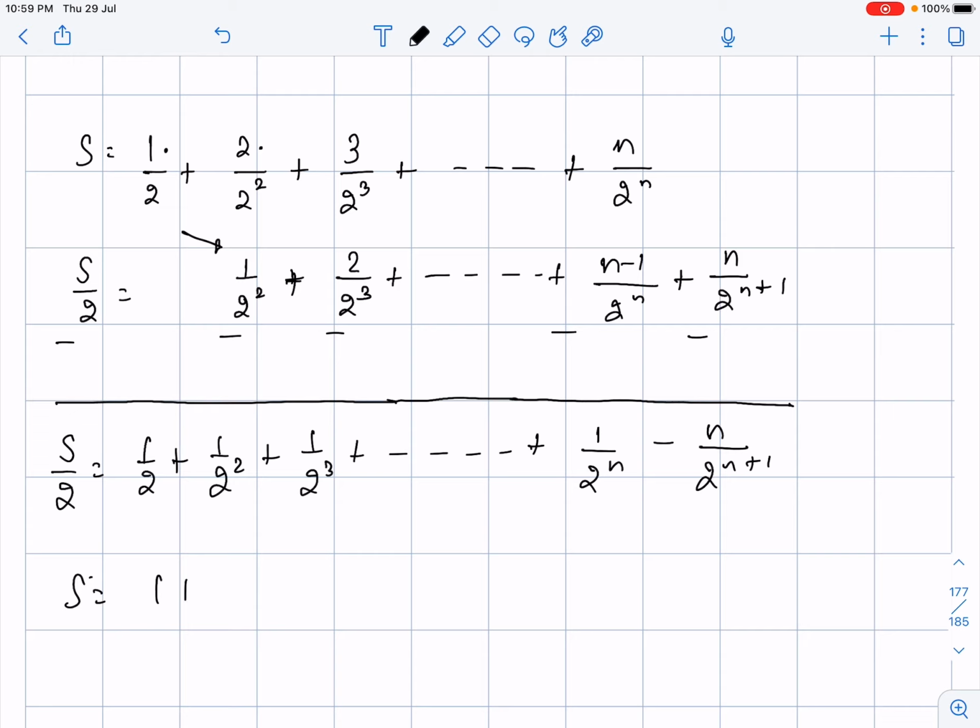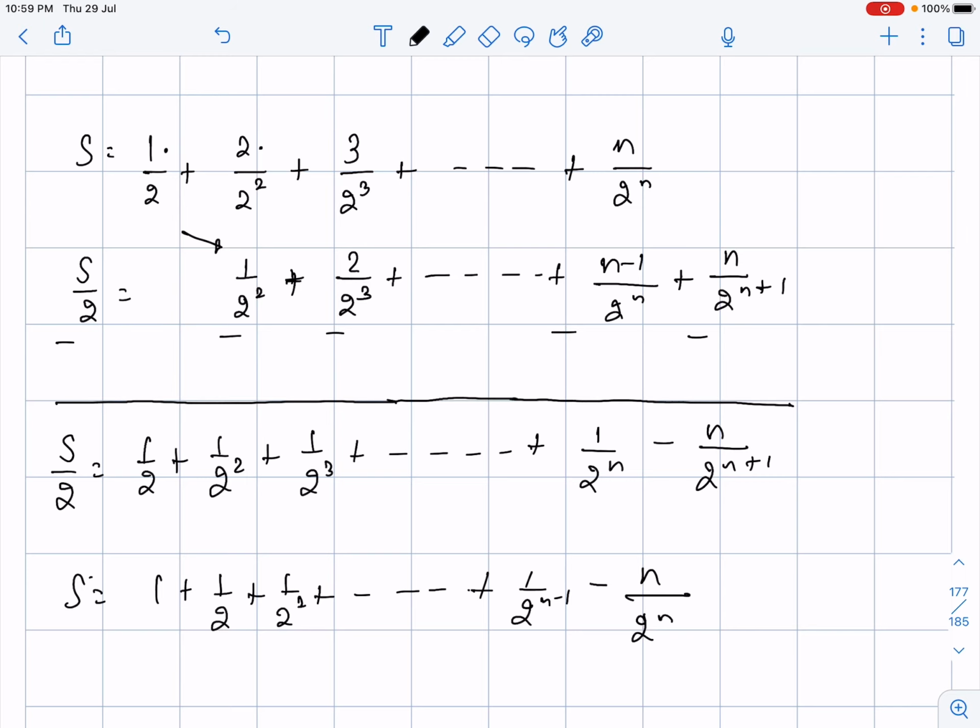S will become 1 + 1/2 + 1/2² and so on up to 1/2^(n-1), minus n/2^n, because I have multiplied with 2 throughout the expression.